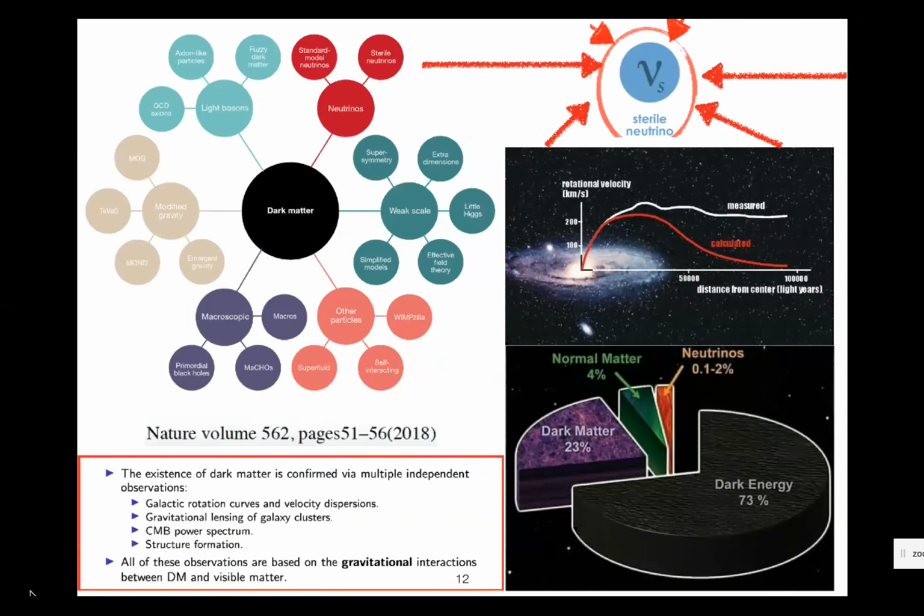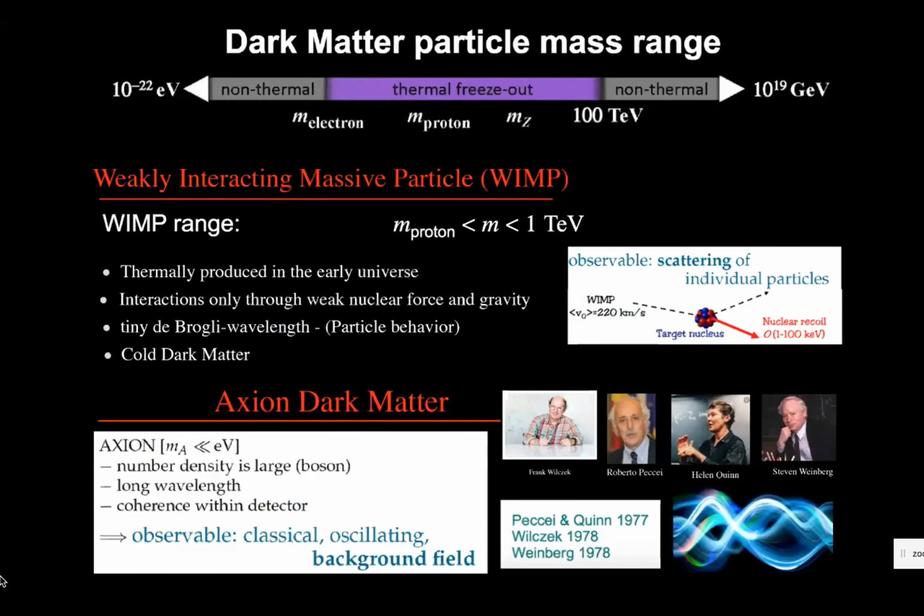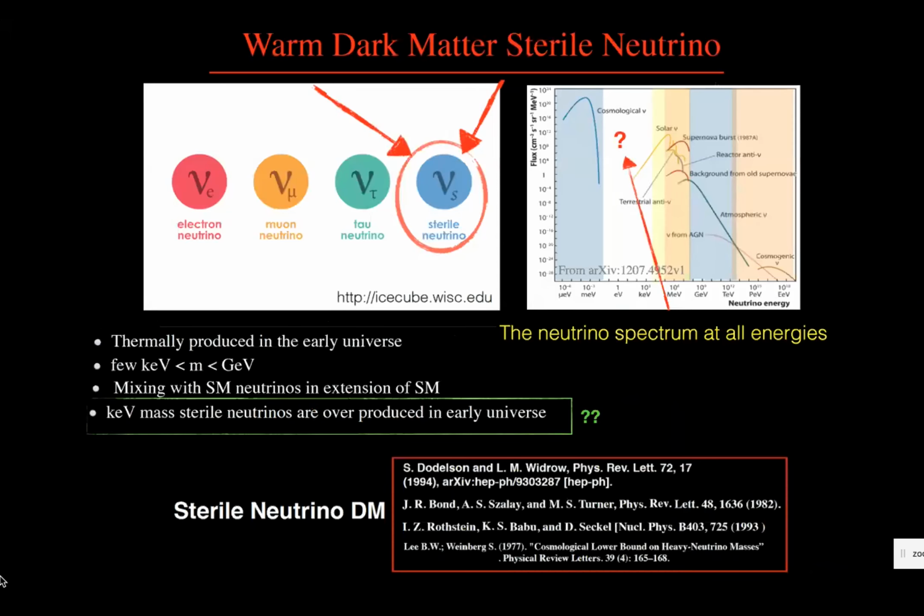I can skip this slide because it just explains the other dark matter candidates, WIMP and axion. As we already mentioned, these are included in our models. Here you can see the sterile neutrino, and we know the mass range of the sterile neutrino is between a few keV and some giga electron volts.